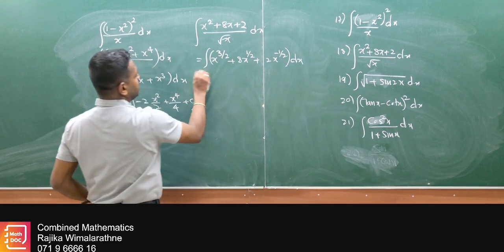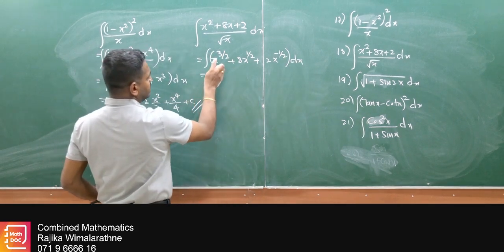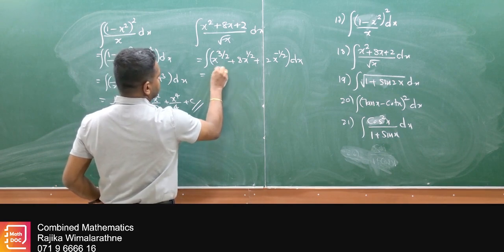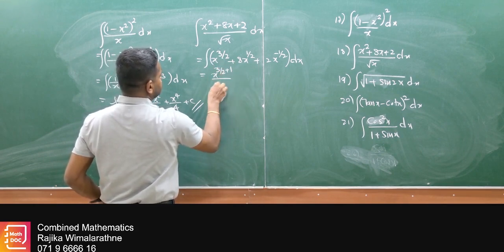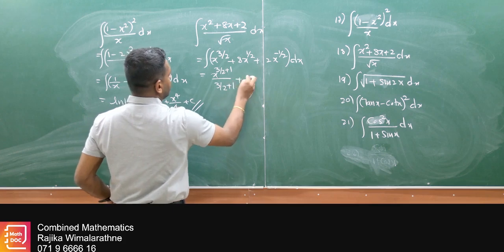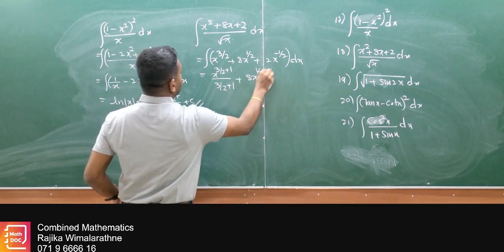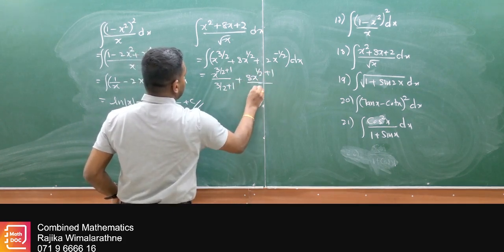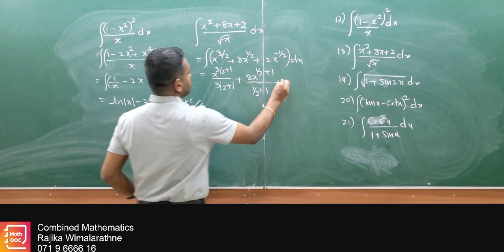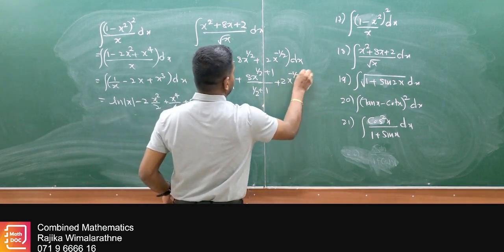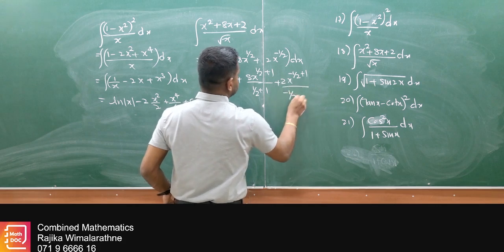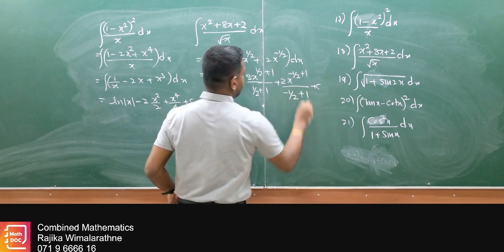Integral: separate the denominator and simplify. I did that once. x to the power 3 over 2 plus 1 over 3 over 2 plus 1, plus 8 times x to the power half plus 1 over half plus 1, plus 2 times x to the power minus half plus 1 over minus half plus 1, plus c.